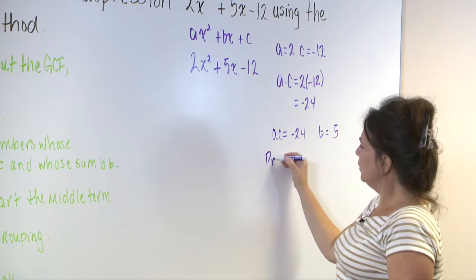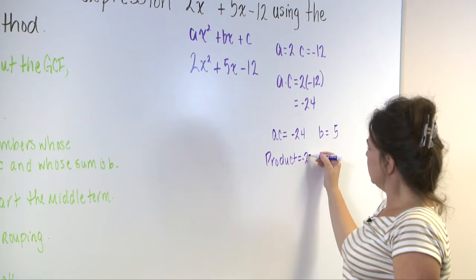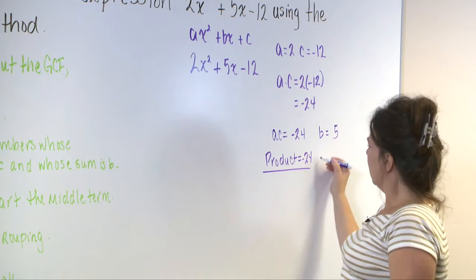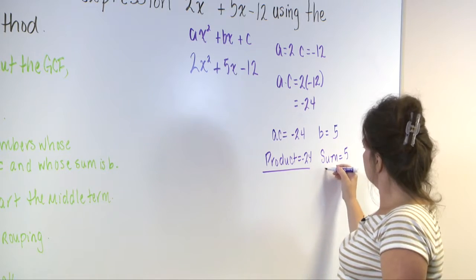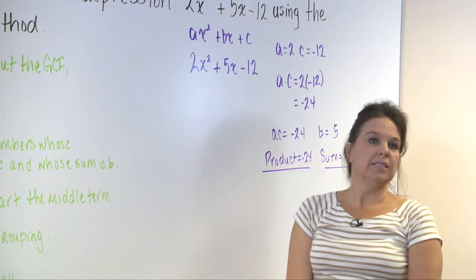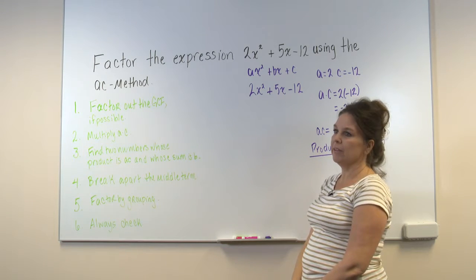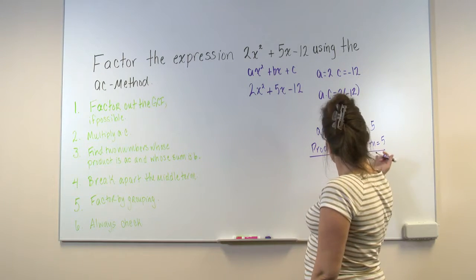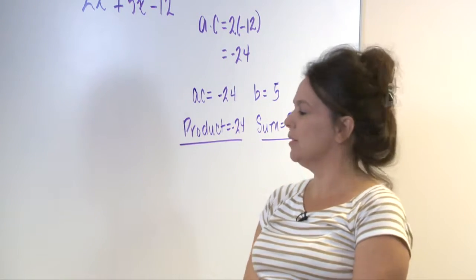So we want to find two numbers whose product is negative 24 and whose sum is equal to 5. Since the product is negative, I want to consider a positive and a negative number. Since the sum is positive, I'll want the larger of the two numbers to be positive.